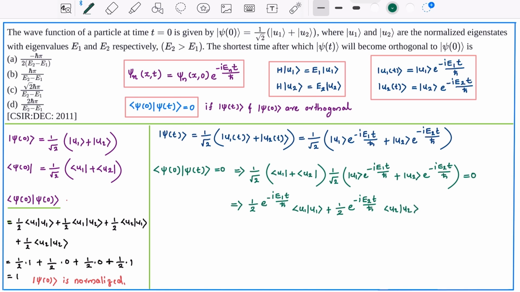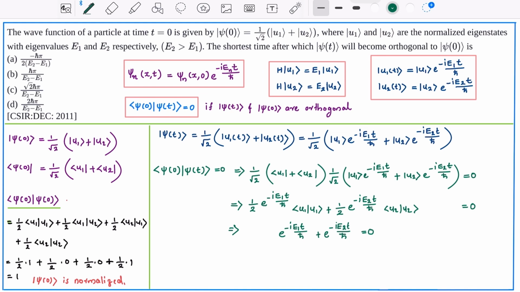Now from the orthonormality condition, we can say that the inner product of u1 with itself is 1 and the inner product of u2 with itself is 1. Therefore the equation reduces to e raised to minus i e1 t by h bar plus e raised to minus i e2 t by h bar, which is equal to 0.